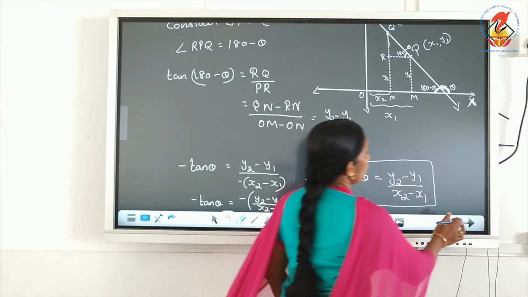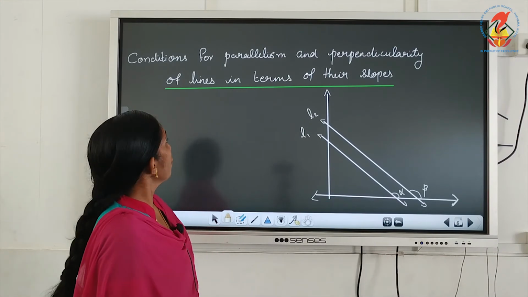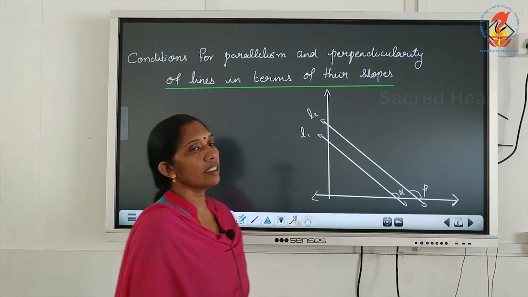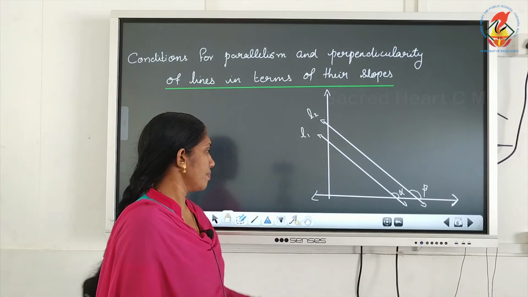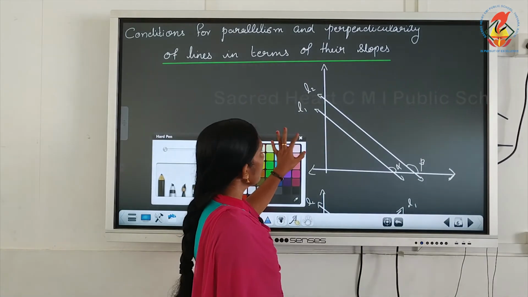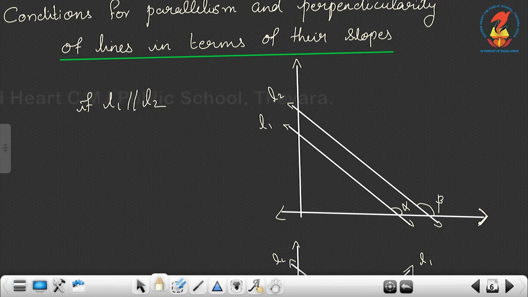Now on to the next topic. Conditions for parallelism and perpendicularity of lines in terms of their slopes. So here look at the figure. We have two lines L1 and L2. If L1 is parallel to L2, what is the condition in terms of their slopes?